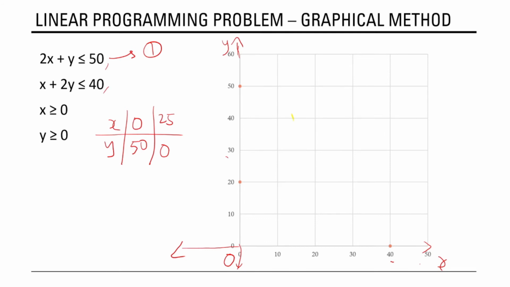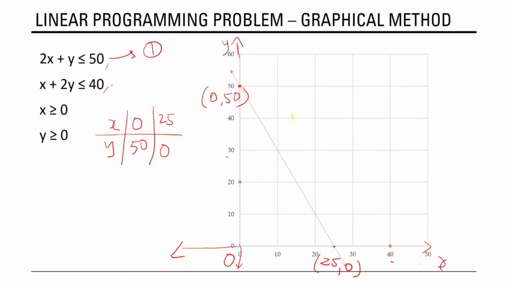The first one is 0, 50. So, the point corresponding to 0, 50 is this point. The next one is 25, 0. The point corresponding to 25, 0 is somewhere here between 20 and 30. When we join these 2 points by a straight line, we get the line corresponding to the equation 2x plus y equal to 50.